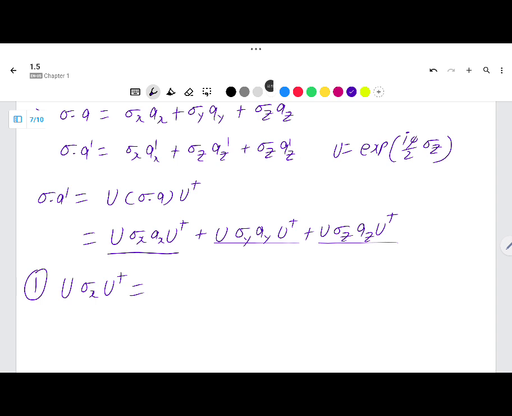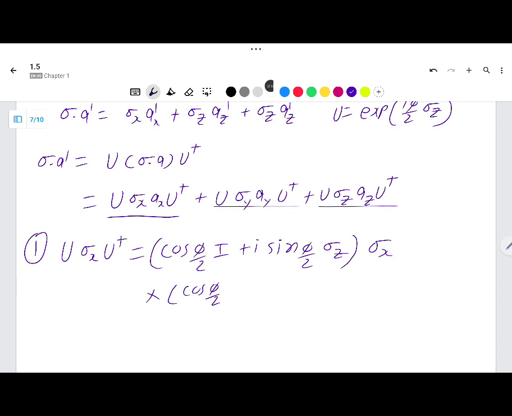So if I expand this, cos phi by 2 identity plus I sin phi by 2 sigma z, times sigma x, and this is also multiplied by cos phi by 2 identity minus I sin phi by 2 sigma z.